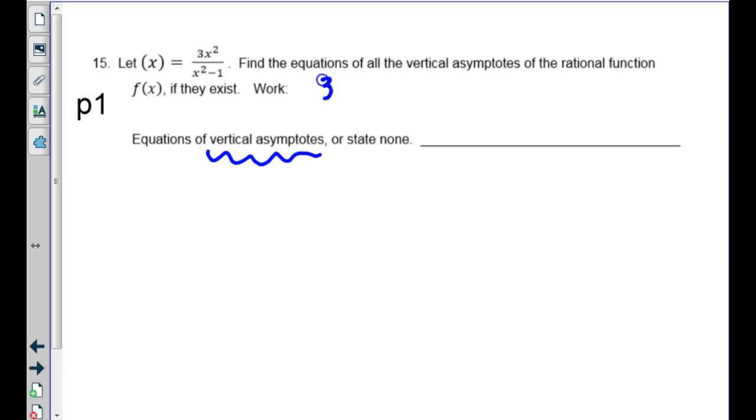The bottom factors: 3x squared, x plus 1, x minus 1. This wants only vertical asymptotes. Does anybody remember what the rule was for vertical asymptotes? Where are the undefined places going to be? You should know this from domain from the beginning of the year.